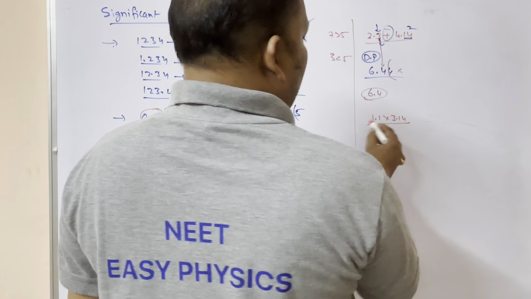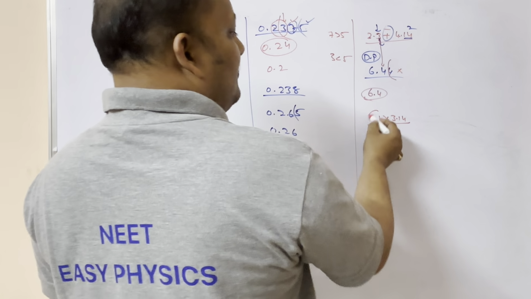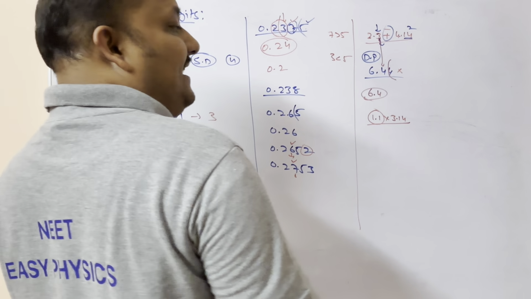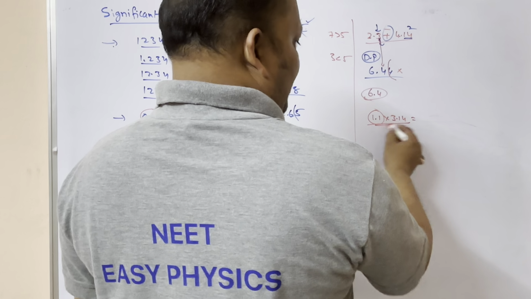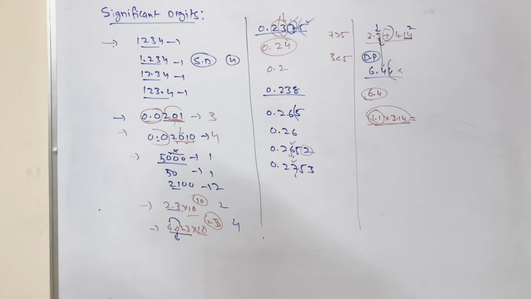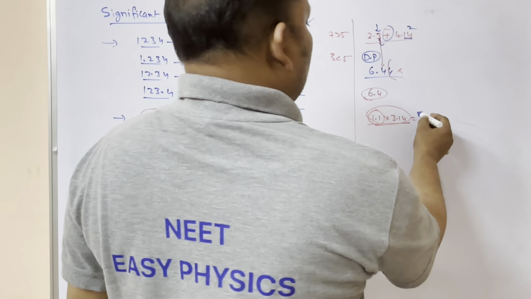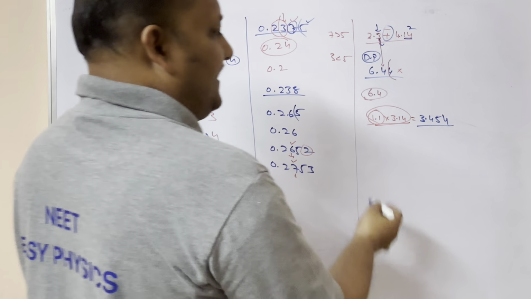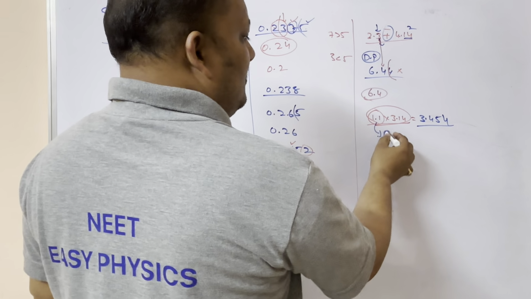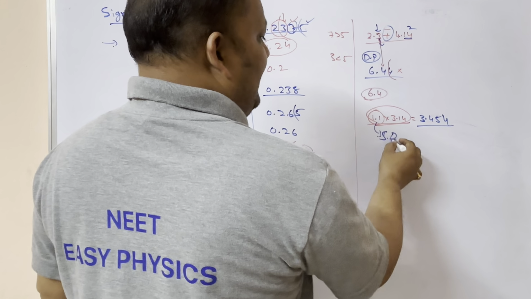Likewise for multiplication and division. Take 1.1 into 3.14. The final answer should have the least significant digits. After multiplying these two, let us assume you get 3.454, which you can cross-check, but it has 4 significant digits. You have to follow the least significant digits.